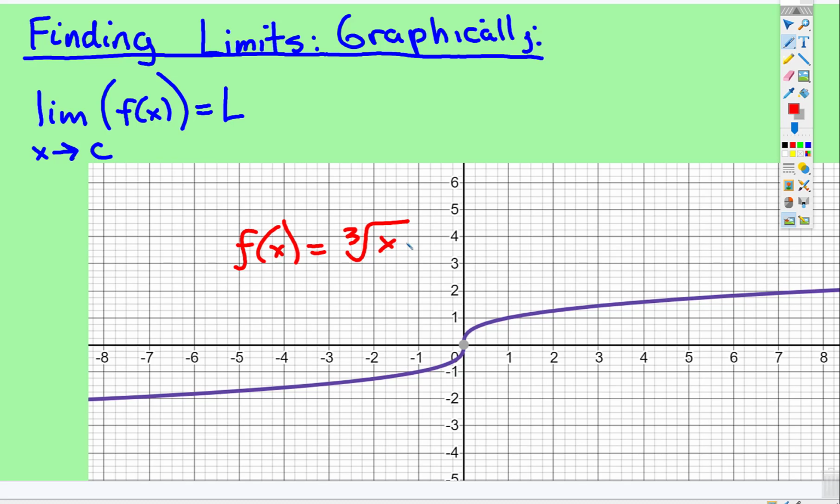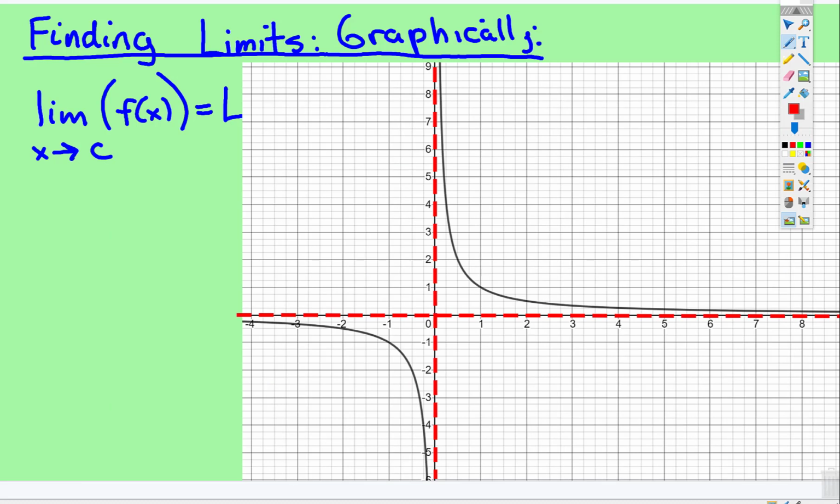These are continuous functions, so whatever value you're approaching, you just substitute it. So if we had the limit as x approaches 8 of the cube root of x, graphically we can see we're getting really close to the height of 2. But we could also substitute 8 in for x. The cube root of 8 is 2.